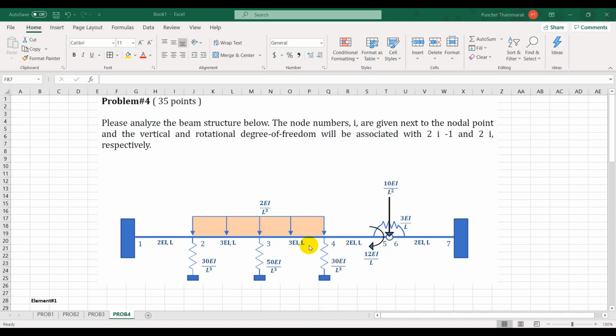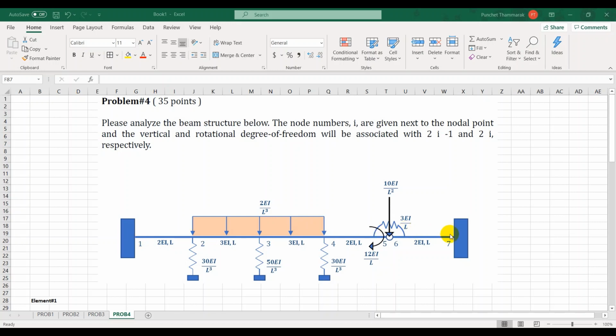stiffness matrix. So let's take a look for the whole system. The whole system, we have 7 nodes. 7 nodes makes 14 degrees of freedom. So initially, for just the stiffness of the system, we have 14 degrees of freedom. We're gonna have 2 more boundary conditions on the left and 2 more on the right.